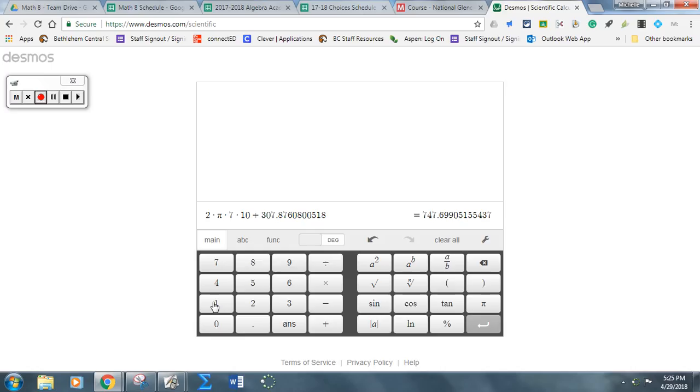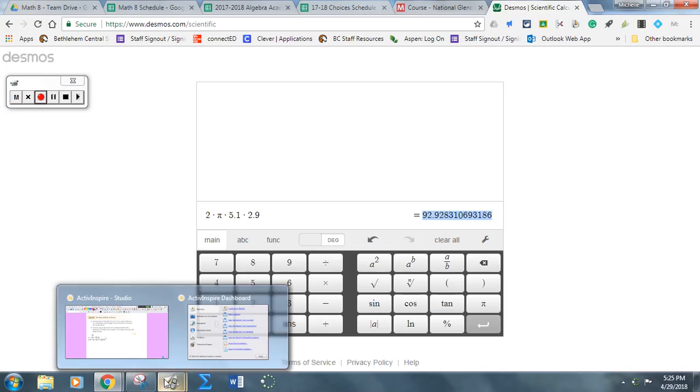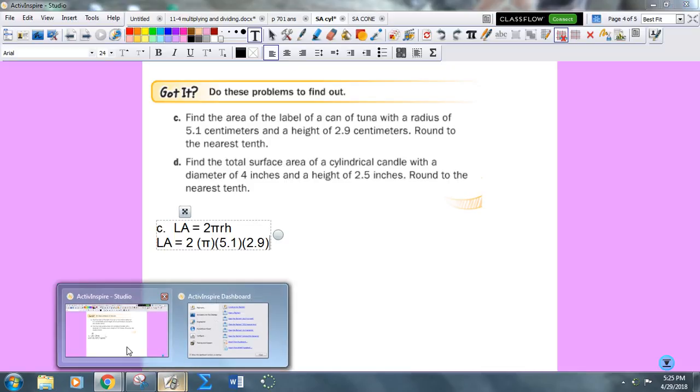desmos.com, and then I'm going to clear it, and I'm going to do 2 times pi times 5.1 times, I believe it was 2.9, and then my answer is 92.92. So let's just double check my numbers.